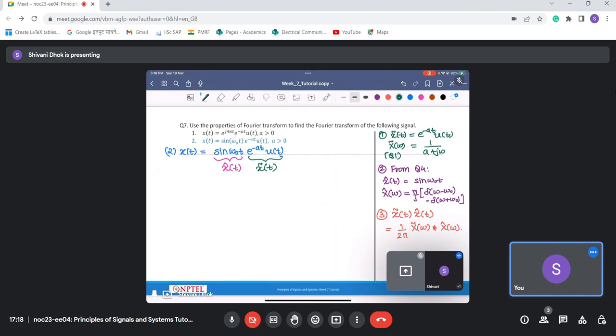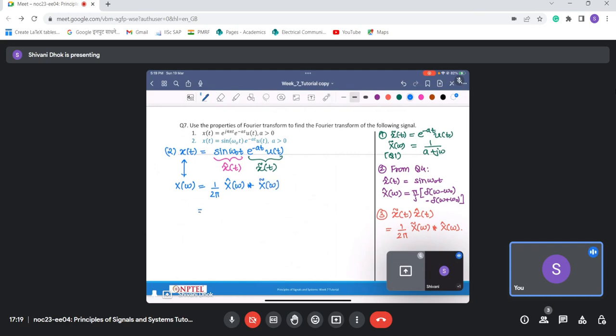If we look at the use of this third point which is listed here, X of omega, which is the Fourier transform of this x of t, is simply 1 upon 2 pi times x hat of omega convolved with x tilde of omega.